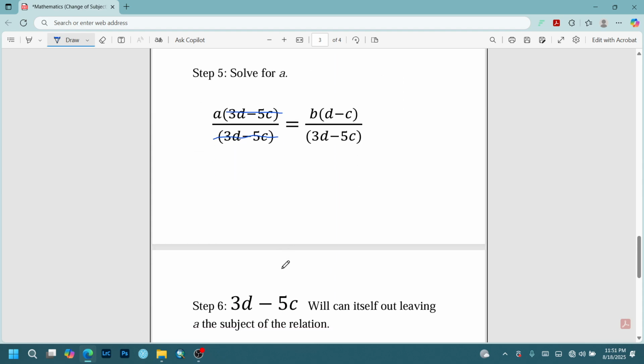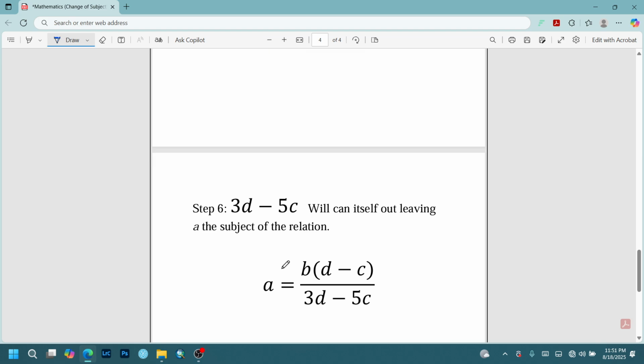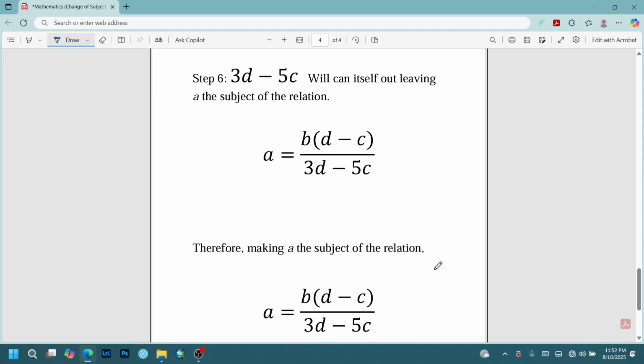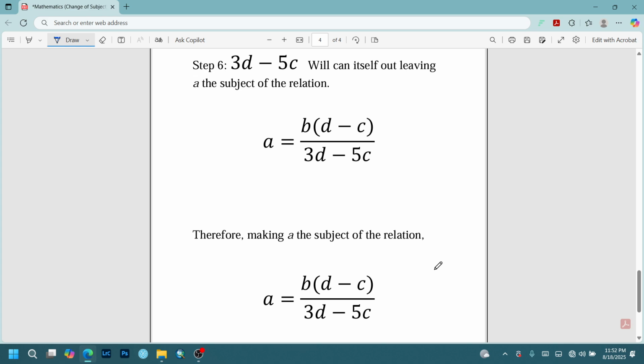So we have A as the subject of the relation: A equals the fraction B multiplying D minus C over 3D minus 5C.